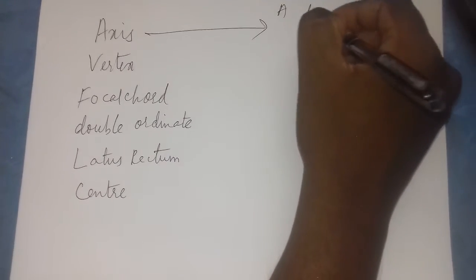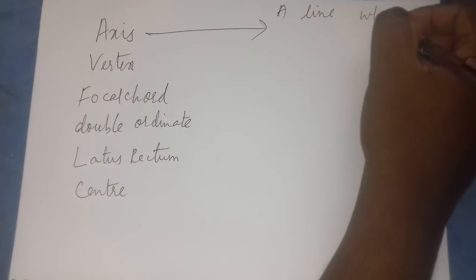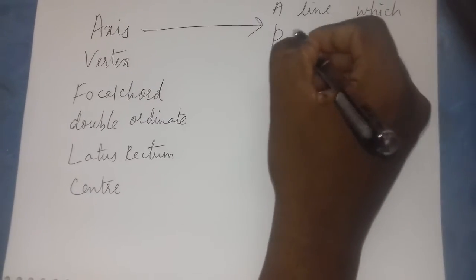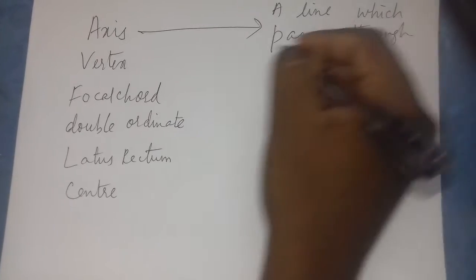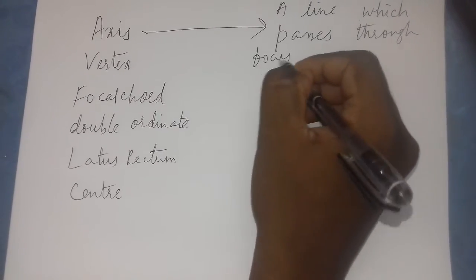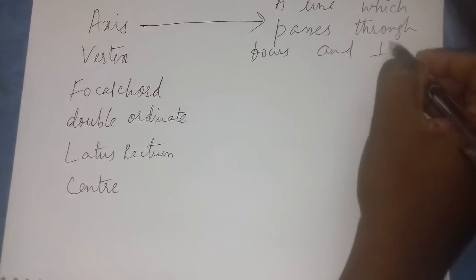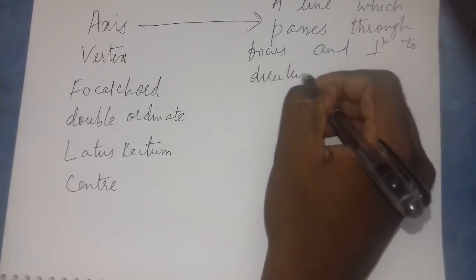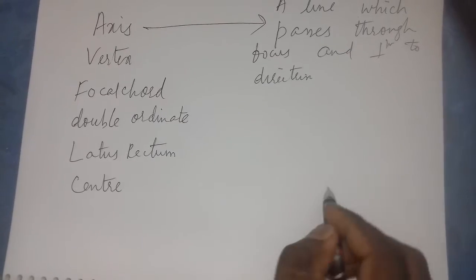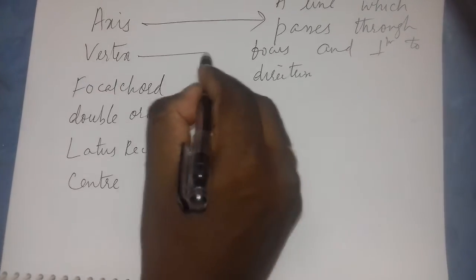A line which passes through the focus and perpendicular to directrix. Okay, next you have a vertex.